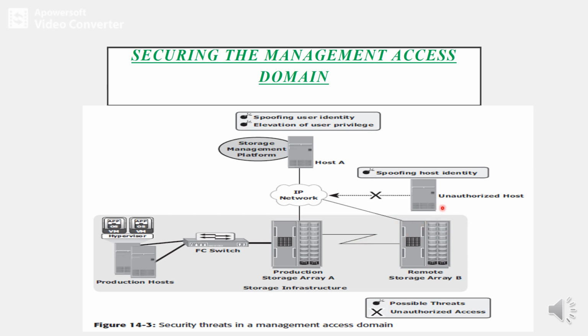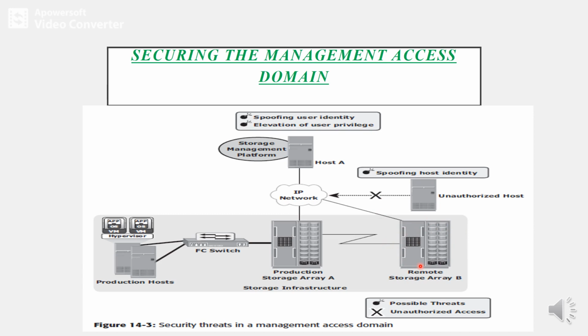It can try to get the identity of host A and access the production host through the network. For example, an unauthorized host may gain management access to remote array B through the IP network. By spoofing a host identity, it can gain control over, or access, remote array B.